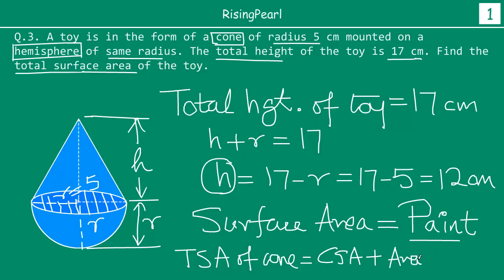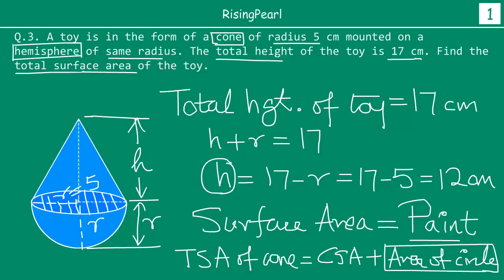What is important to understand is that this area of the circle we will not apply, because that is inside the toy. So we are only considering the curved surface area of the cone, and similarly for the hemisphere, it is the curved surface area on the outside that we need to paint. The top of the hemisphere is again inside the toy, so we don't worry about that.